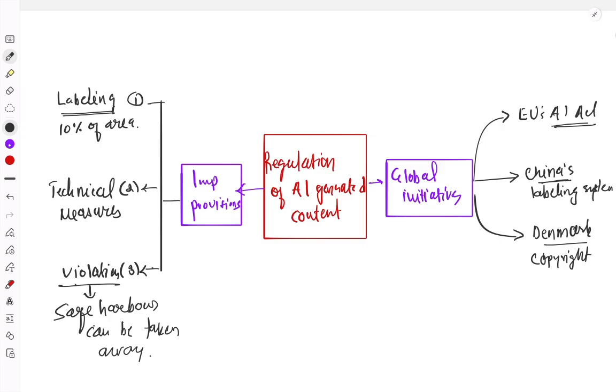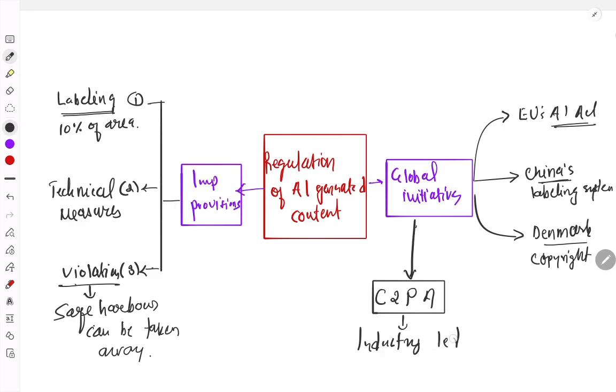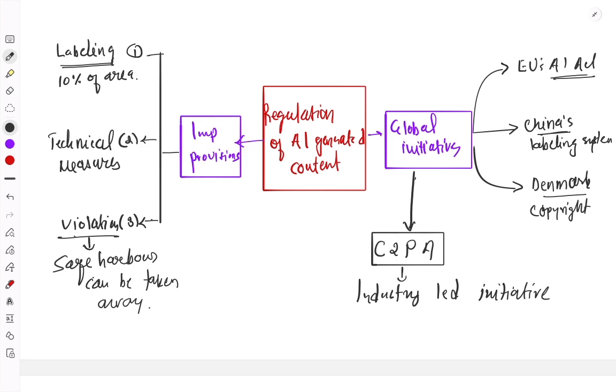Next important initiative at the global level is one organization called the Coalition for Content Provenance and Authenticity. This is an industry led initiative, which ensures the contents are authentic and do not create any illegal activity, right?